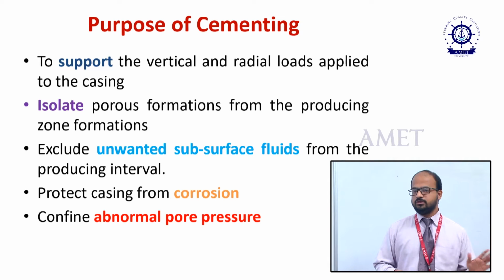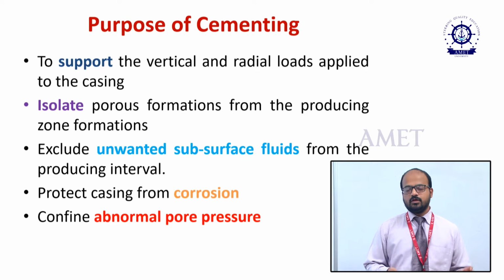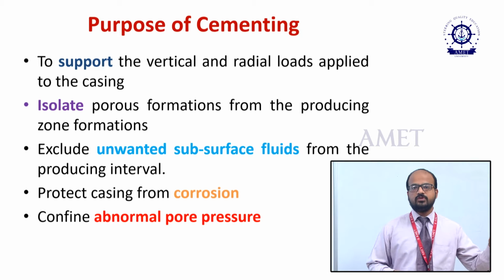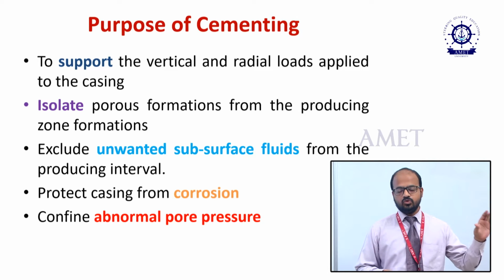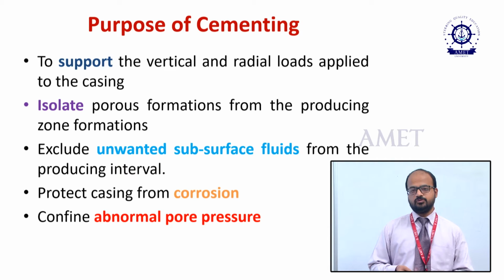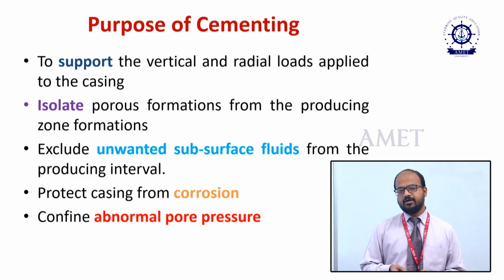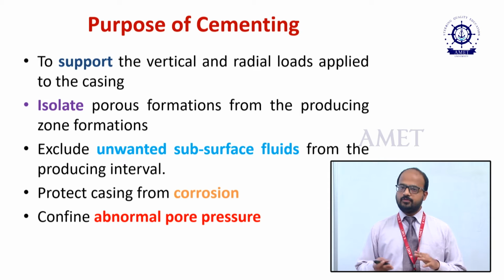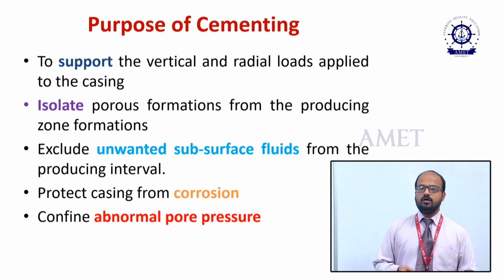If you don't put the cementing, the water starts to come from the 2,000 feet to your reservoir. Then your reservoir will be damaged, which means it may be contaminated and may get into another trouble. The reservoir characteristics will be completely spoiled.